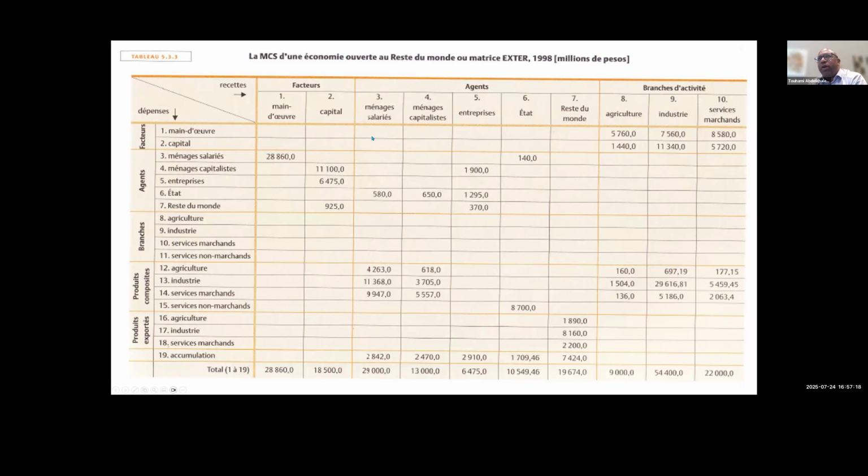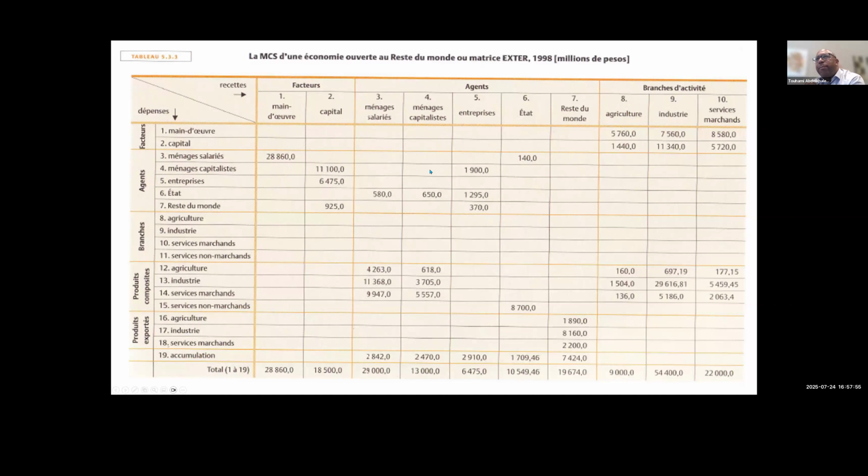The households receive, and here we have the two household groups, salaried households and capitalist ones. Here, under the hypothesis of the model, we have the wage bill, the salaries for households, and capital return for the capitalist ones, and subsidies from the government to salaried households, and if there is other income, we'll see.